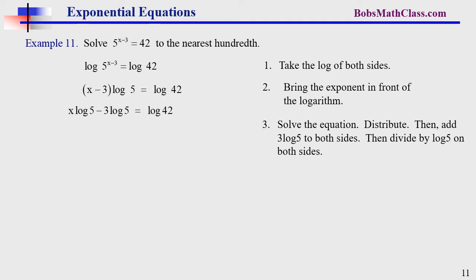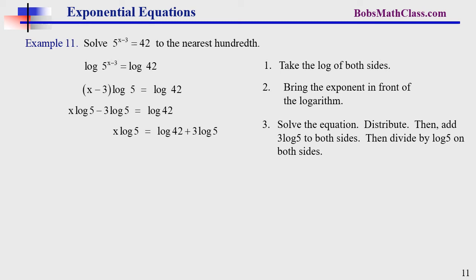Okay, now the constant, the one that doesn't have the variable on the left-hand side, that's a negative 3 log 5. You need to move that to the right-hand side. So when you move it to the right-hand side, it becomes a positive. So now we have x log 5 equals log 42 plus 3 log 5.